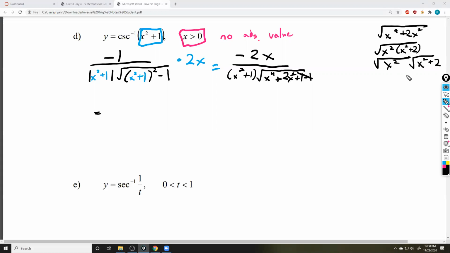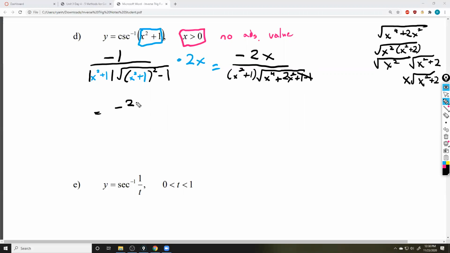And lo and behold, the square root of x squared is just x. So the point was that these ones cancel, and that means that I can factor something out so that I can kick something outside of the square root.